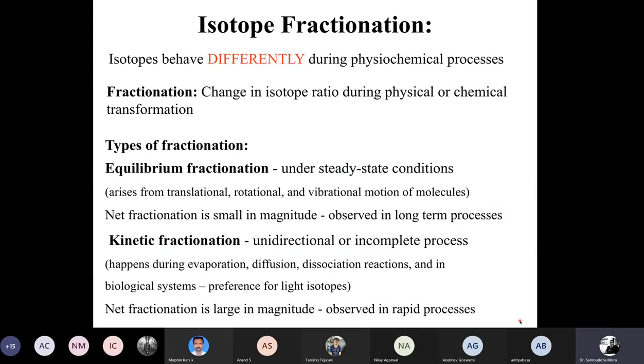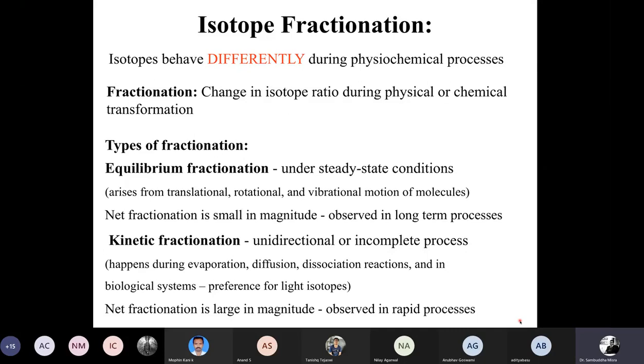All through high school, you have read that two isotopes behave exactly the same way in a chemical reaction or a physical reaction. But no, they don't. As soon as there is a mass difference between two isotopes, there has to be a difference in the rate of their chemical or physical reaction. Why?